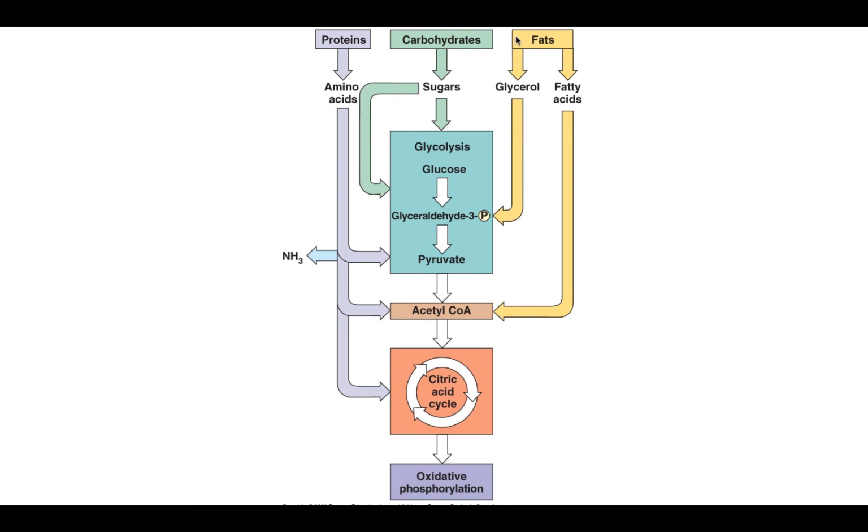Fats, the glycerol fats, can be converted into intermediates of glycolysis. So the question is, does yeast have those enzymes? The enzymes necessary to convert proteins and fats into intermediates of glycolysis, and therefore being able to then ferment them.